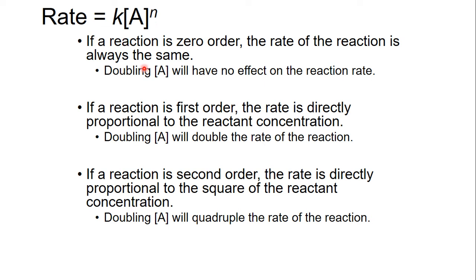Even though we doubled the concentration, our reaction rate has sped up by 4 times, because 2 squared is 4. That's what it means to be proportional to the square of the concentration. And our order is never going to go above 2, for reasons that we'll talk about later on. The only 3 numbers you really have to deal with right now are 0, 1, and 2.